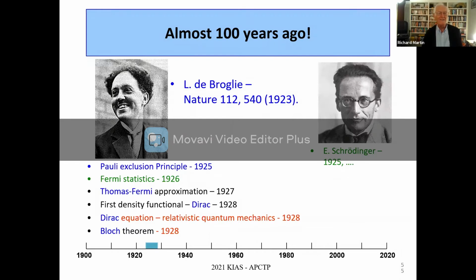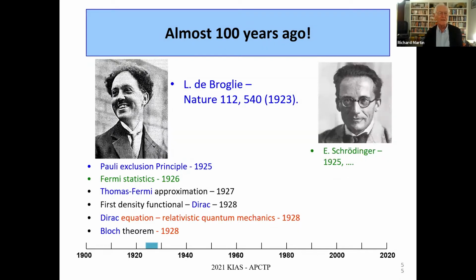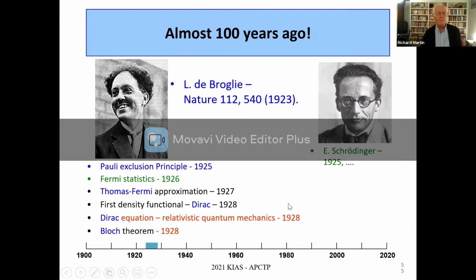I want to point that one out because it's in the form of modern functionals. It was the exchange energy of the homogeneous electron gas used as a density functional. Of course, the relativistic quantum mechanics equations of Dirac were done in 1928, and the Bloch theorem in 1928. So the stage was set.